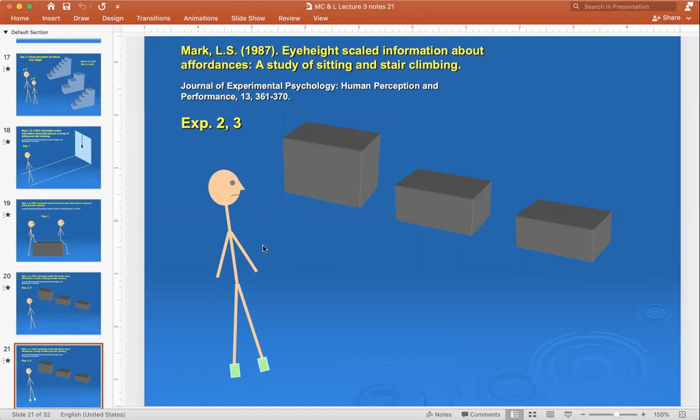But after a little while of walking around, 12 trials, he reported that after they realized, using the visual flow, that they were now higher by 10 centimeters, they changed their perception of the world. They now picked a box 10 centimeters higher because they knew they were taller and could park their butt on a taller box. But that did not happen until they moved around the world and retuned their affordances based on their new height.